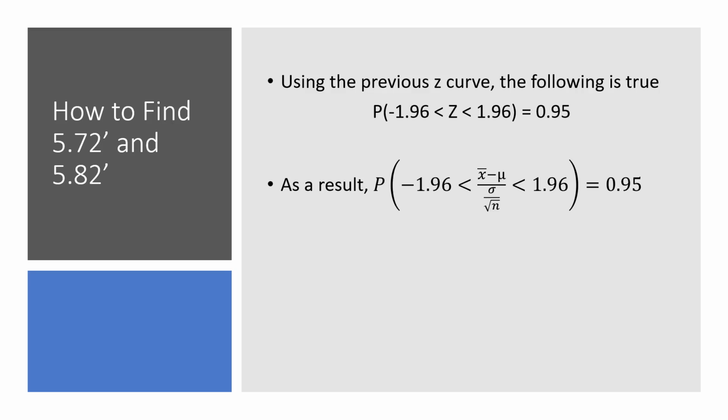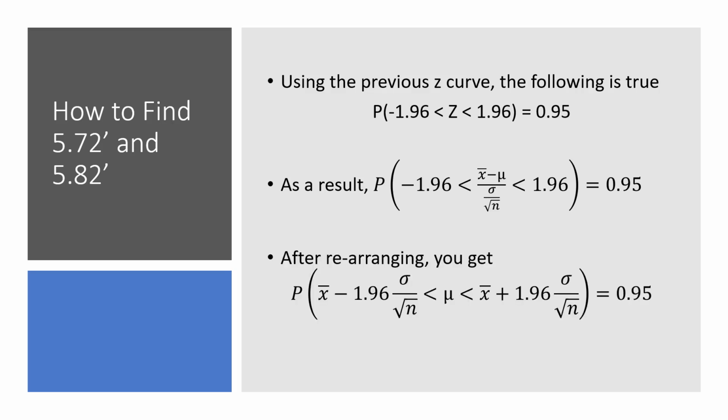If we now substitute in our standardized value for our sample mean for z, using that z equation we saw a few slides back, then you can rearrange your formula where you have the probability of x bar minus 1.96 sigma over square root of n is less than my population mean, which is less than x bar plus 1.96 times sigma over square root of n.